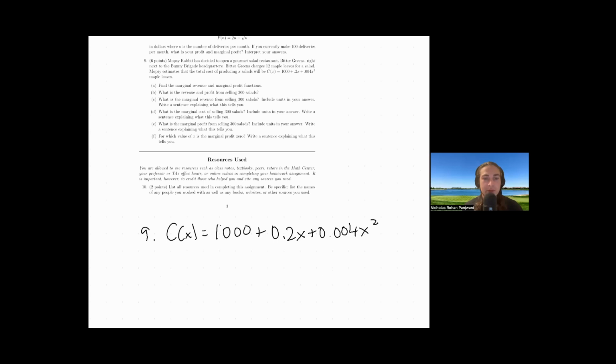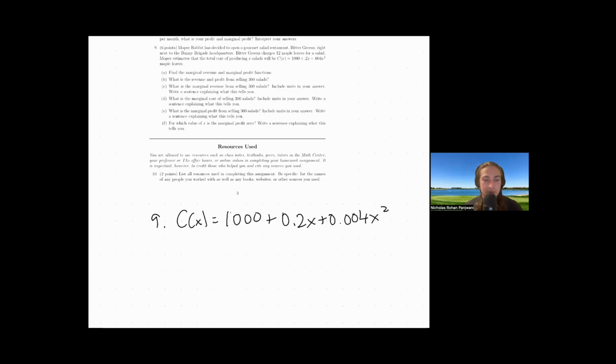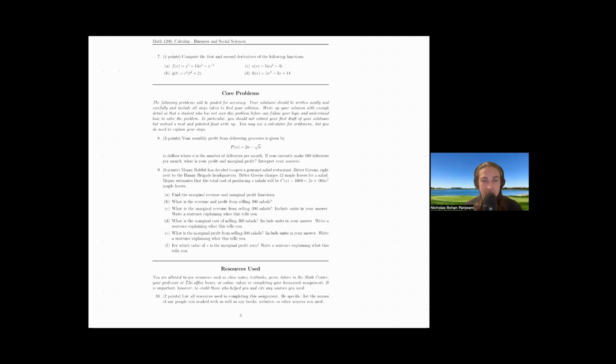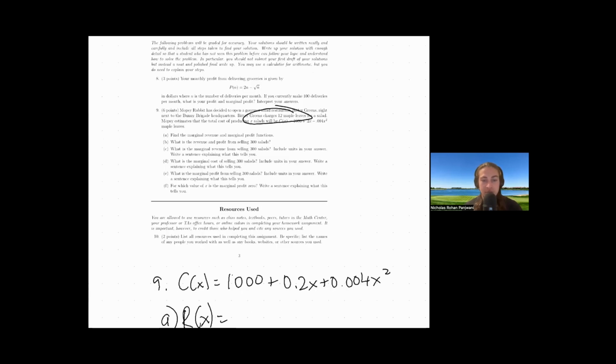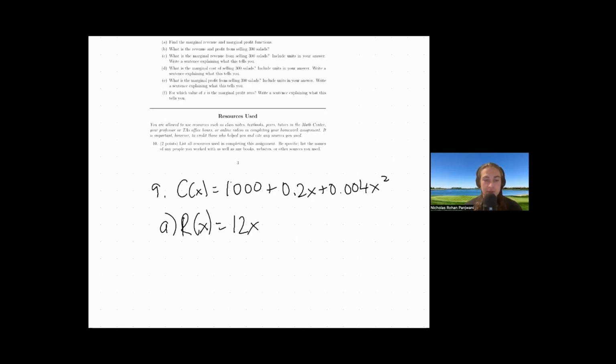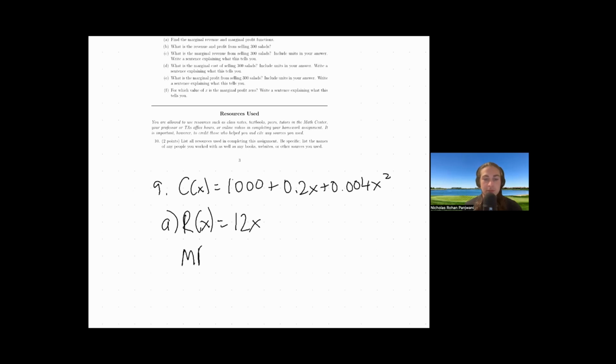Marginal revenue and marginal profit. Okay. So first we need revenue. 12 maple leaves times coin. So here's a note.